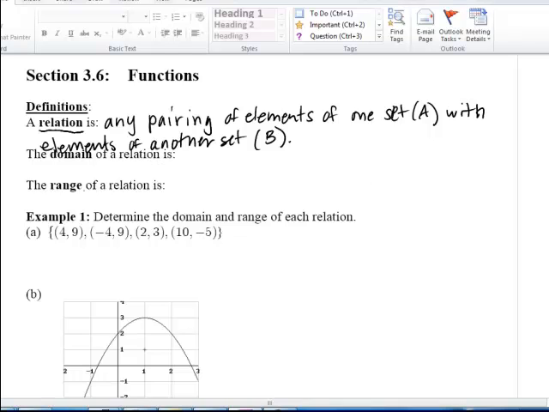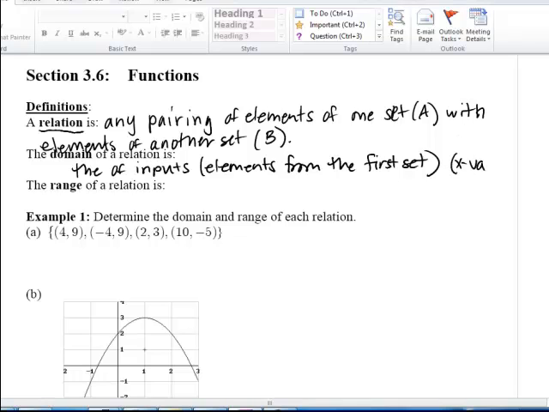And two features we often investigate for a relation are the domain and the range. The domain is the set of inputs, or elements from the first set. Oftentimes these are the x values if we're talking about pairing x's and y's, but they don't need to be x values. That's just the set of the inputs.